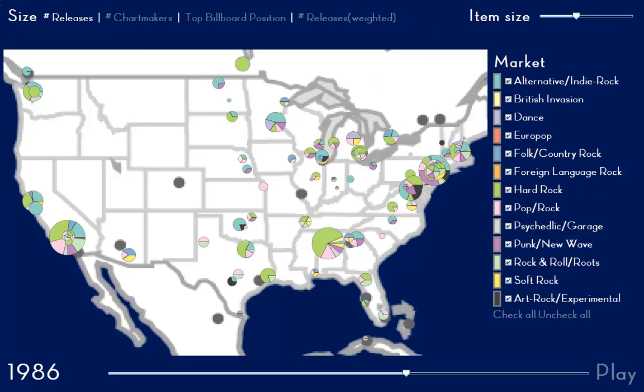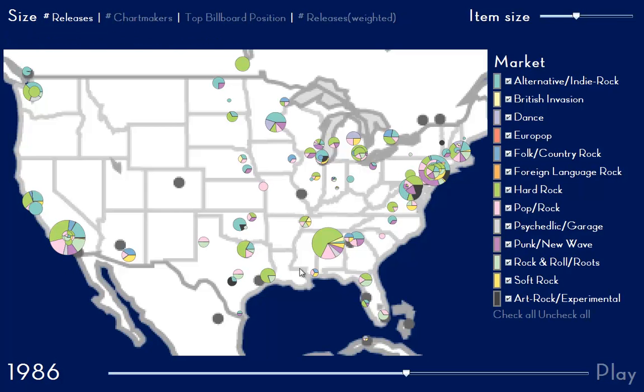I will now tell you about the different ways that the size of the markets for a specific region can be determined. So basically what we did is we looked at all the artists that we had. We took their birthplace basically, and this is what determines the locations.